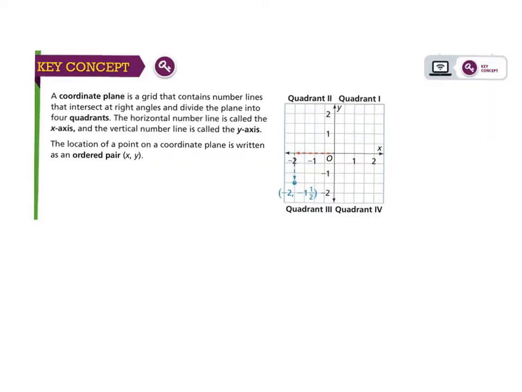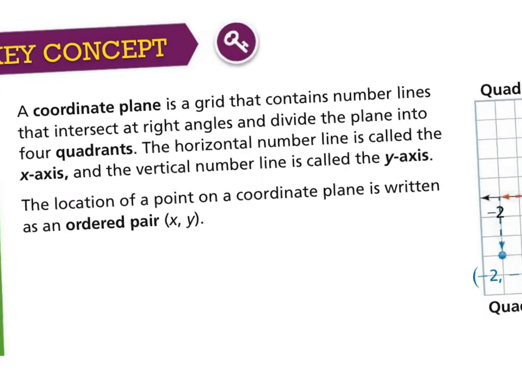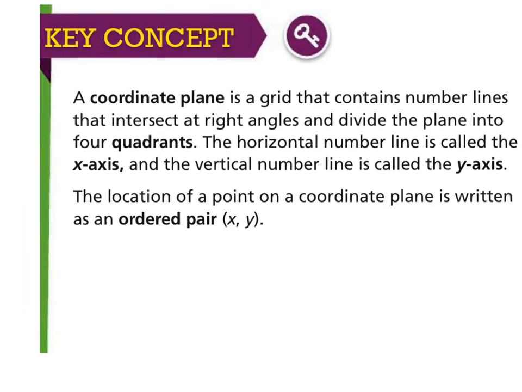So the key concept just recaps things here. Again, a coordinate plane is a grid that contains number lines that intersect at right angles, divided into 4 quadrants. The horizontal number line is the x-axis, the vertical number line is the y-axis, and an ordered pair, make sure you know this part, is when we list the coordinates.